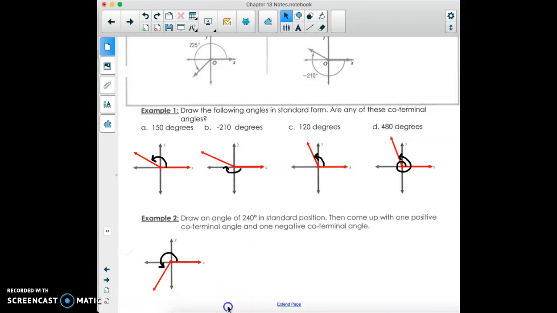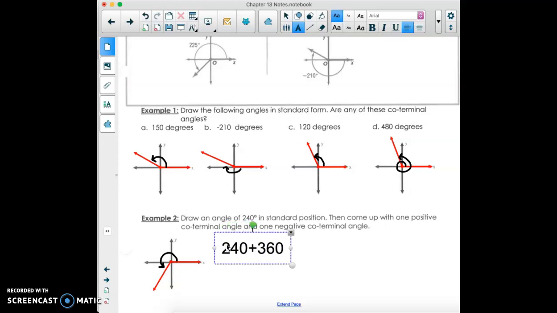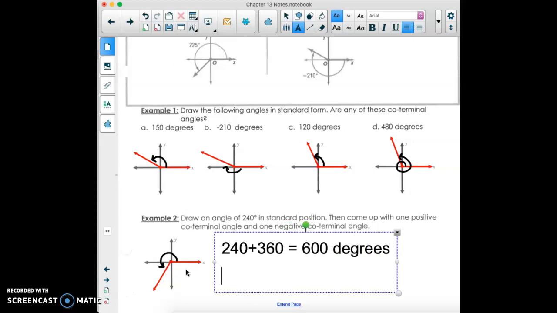Well, positive is really nice because just like I showed you here, to find a positive, all I need to do is add a full rotation. So let's do that. 240 plus one full rotation gives me another positive coterminal because I'm still going in the positive direction. And I end up at 600 degrees.